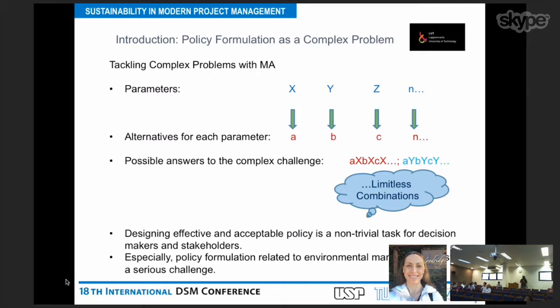So the research idea is how to interlink policy science with complex engineering systems. In terms of designing and formulating effective and acceptable policy, it's still a very difficult task for the decision makers and stakeholders.